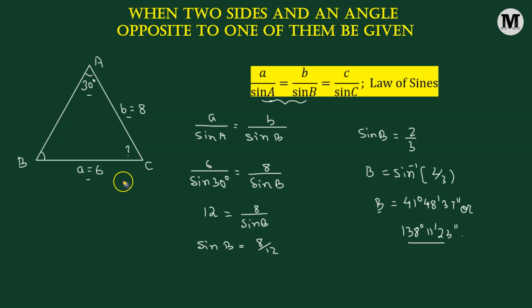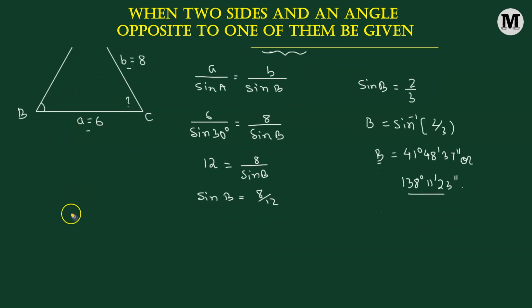Now our goal is to find the measure of angle C. We can easily find it because the sum of the angles of a triangle adds up to 180 degrees. So since A plus B plus C equals 180 degrees, to find C, all we have to do is subtract the sum of angles A and B from 180 degrees. Angle A is always fixed at 30 degrees.